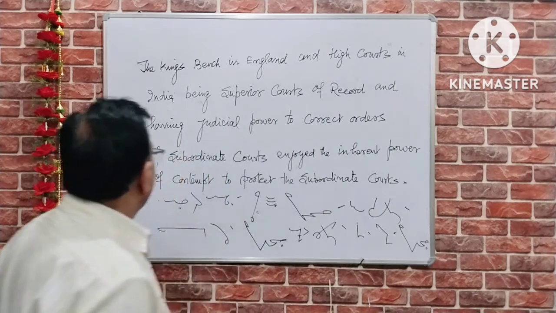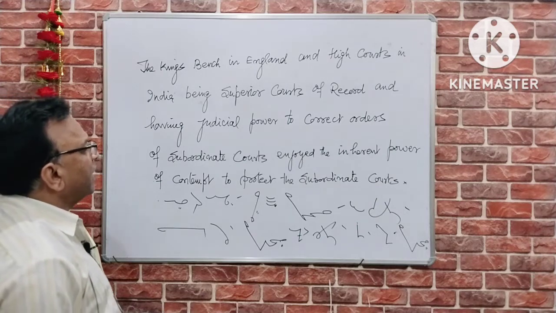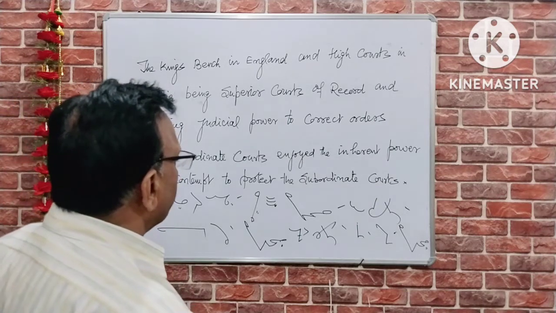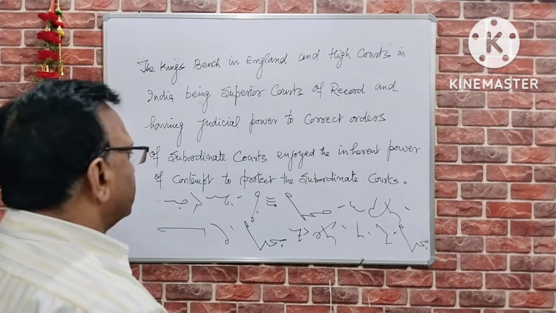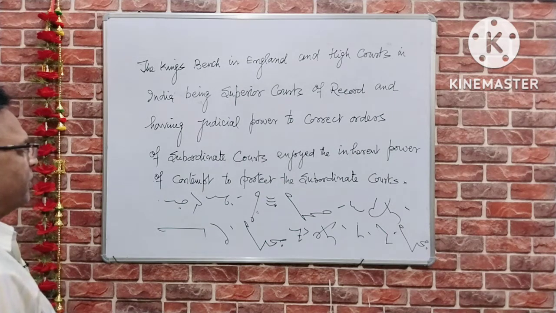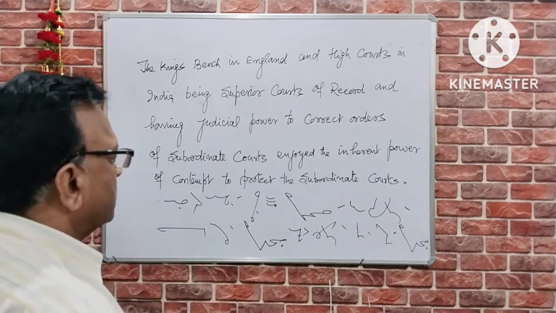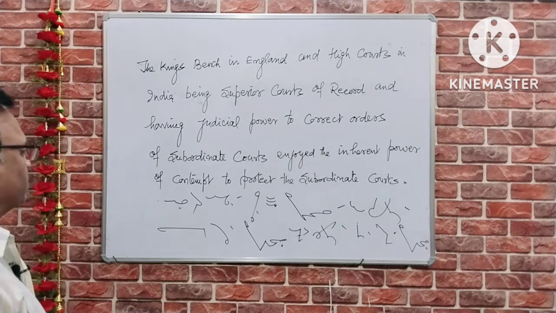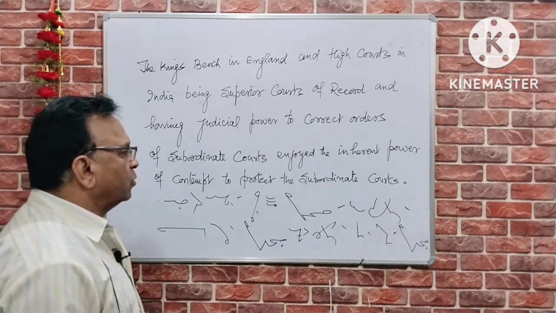Thank you, friends. Note down: the King's Bench in England and high courts in India being the superior courts of record and having judicial power to correct orders of subordinate courts enjoyed the inherent power of contempt to protect the subordinate courts.